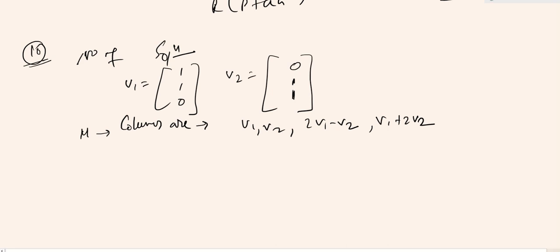So columns are in this order. Then the number of linearly independent solutions of the homogeneous system of linear equations Mx equal to 0.